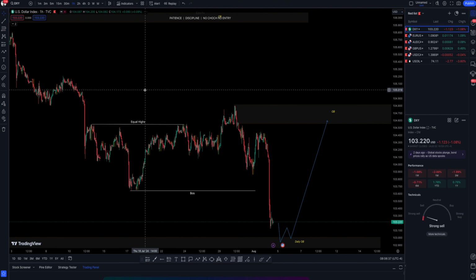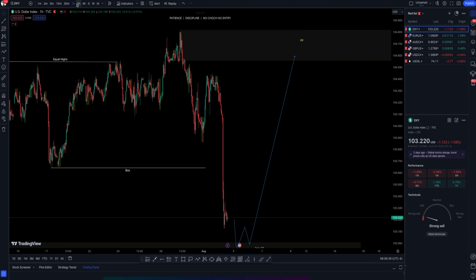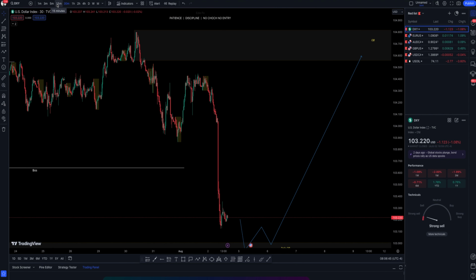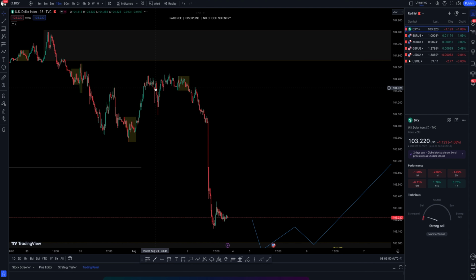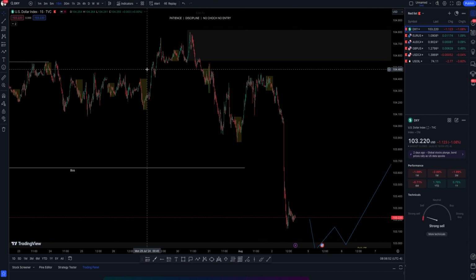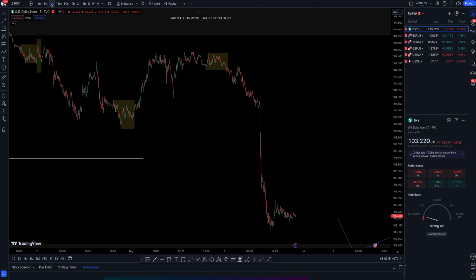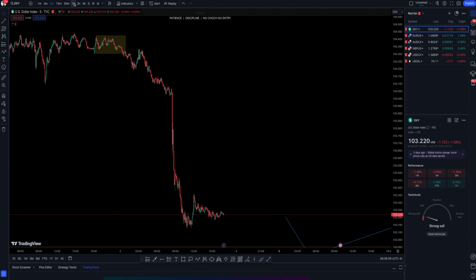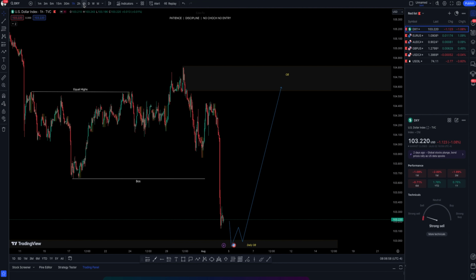If you go to lower time frames or H1, normally H4 and H1 I do look at, and my entries are normally on, well, it could be minute 30 or minute 15, even minute 5. Depends on the lower time frames, but at this time I just go for the higher time frames.